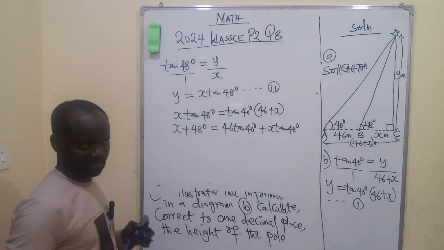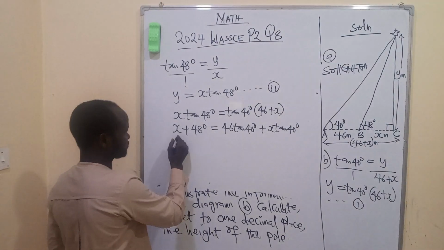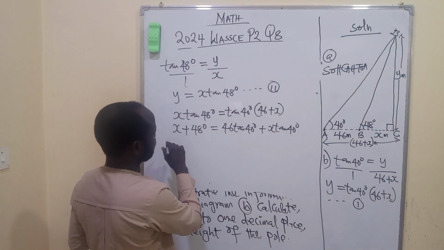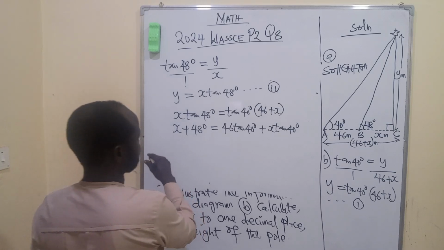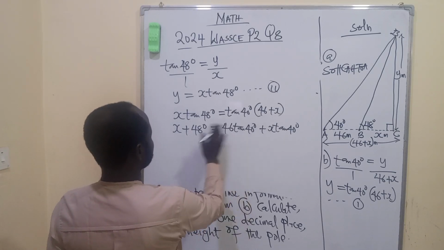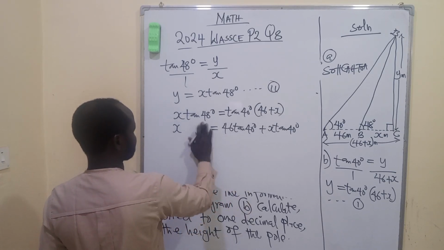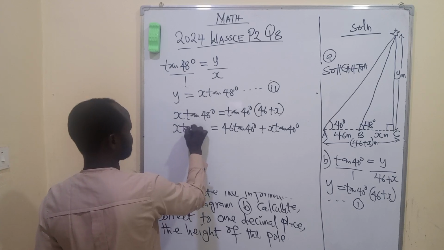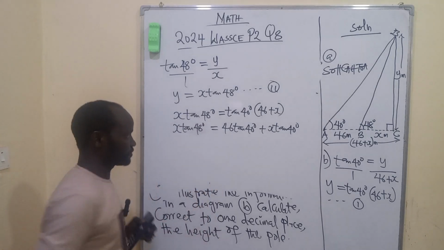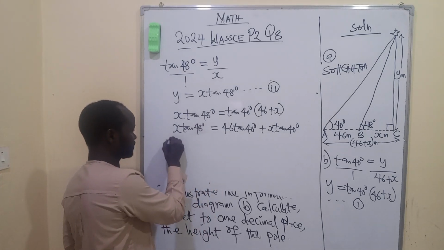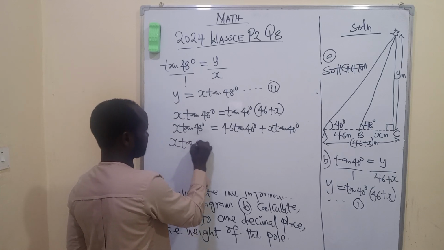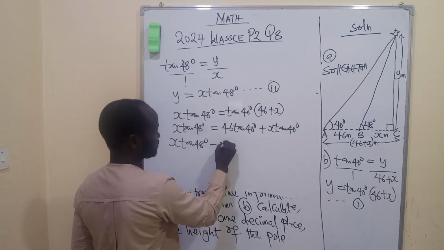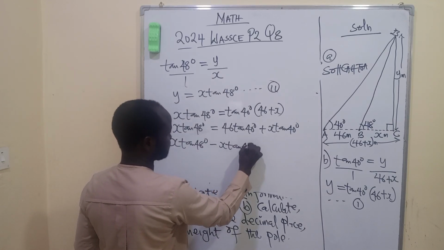So we can collect those with x now. Tan 48 degrees, okay? So we can collect those with x. This will be x tan 48 degrees minus x tan 40 degrees.